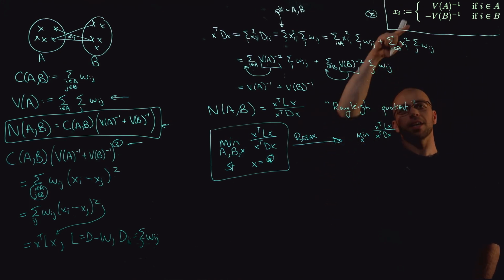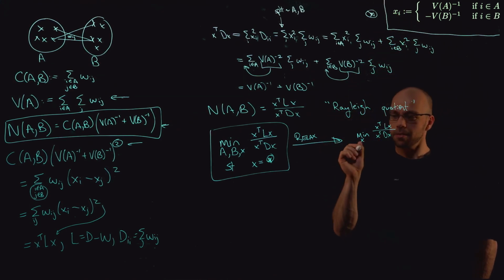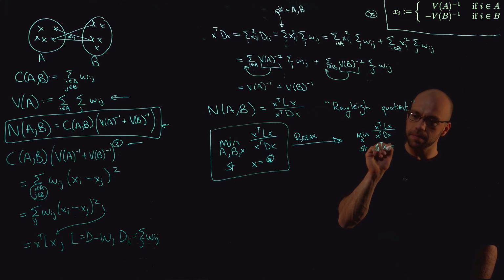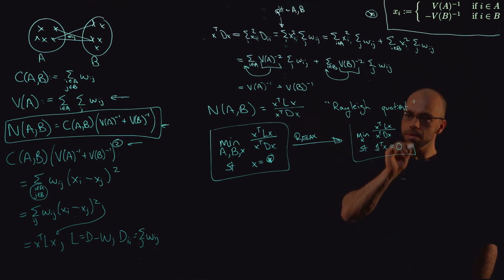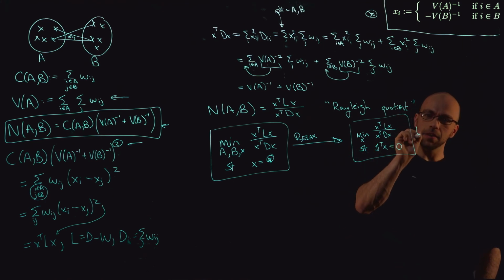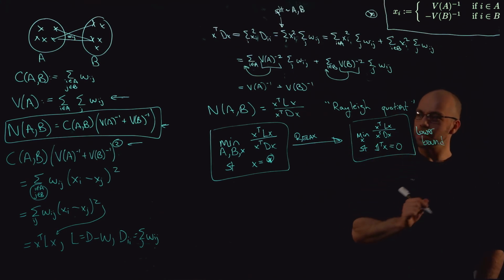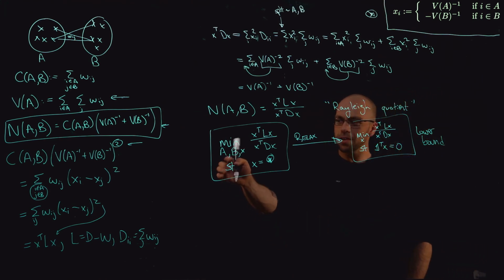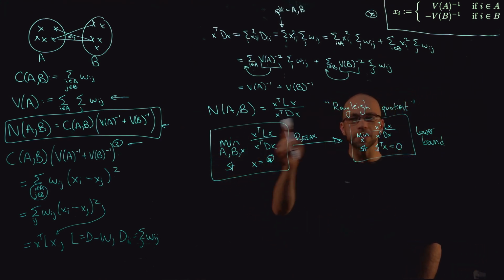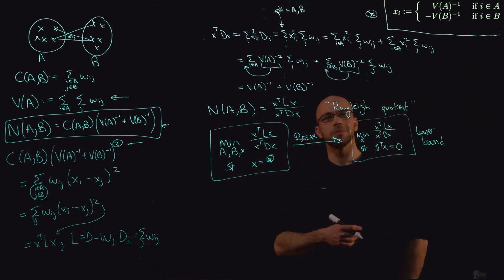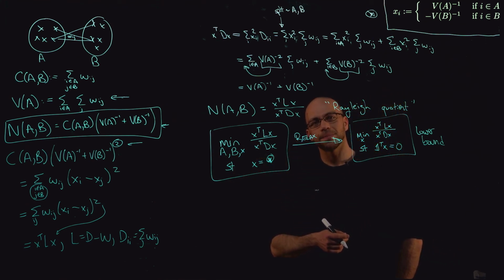One thing that you can check, by the way, is that this X sums to 0. So I might as well add that condition. This gives me a lower bound for my original problem. Do you see that? Because I started with this problem and I removed constraints.